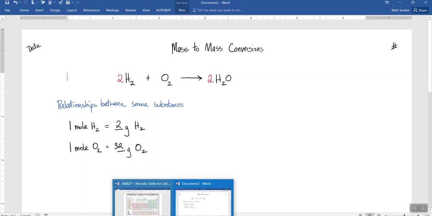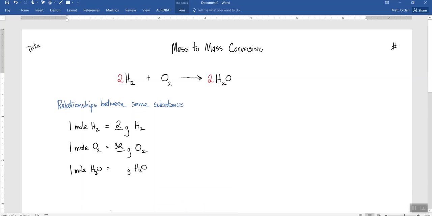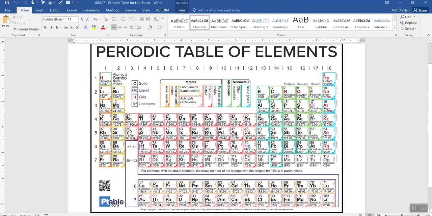And lastly, you could do this with water as well. So 1 mole of water would be equal to so many grams of water. You could go on the periodic table and add up all those elements to figure out how much 1 mole of water would weigh. We have two hydrogens, so H plus H, or 1 plus 1, would be 2, and then plus 16 would be a total of 18.